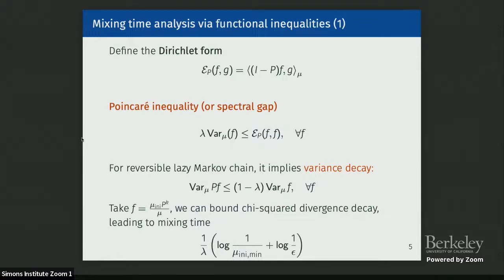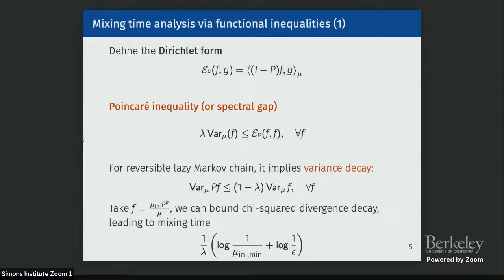If you can prove a Poincaré-type inequality for your Markov chain, also called the spectral gap, meaning that for any test function f, the variance under the measure mu times a coefficient lambda is upper bounded by this Dirichlet form, then you can show that this Markov chain has a variance decay. Reversible means that the Markov chain satisfies the detailed balance condition and will converge to the correct target distribution. Lazy I just added so that its analysis is easier to show.